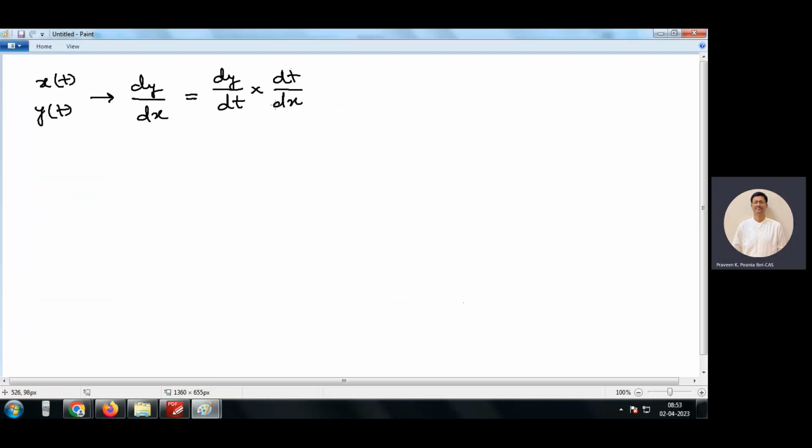Clear? So using the chain rule we can write this, where x is a function of t. Similarly, if you want to write it in the division form, we can write dy by dt upon dx by dt.